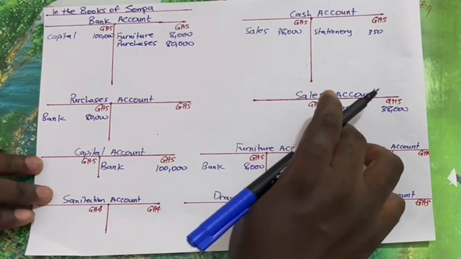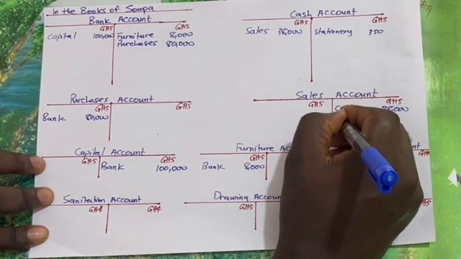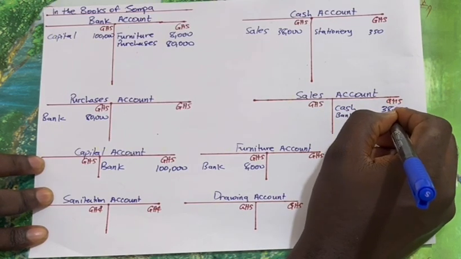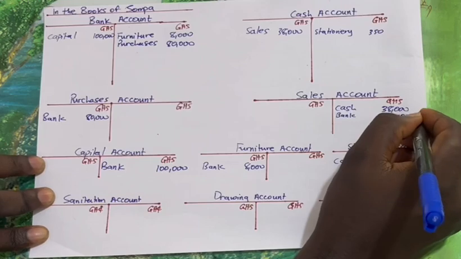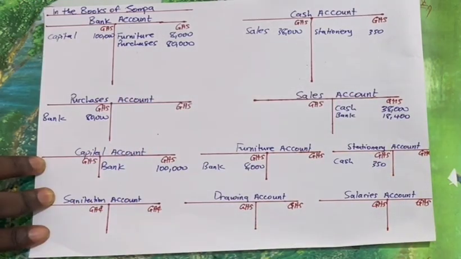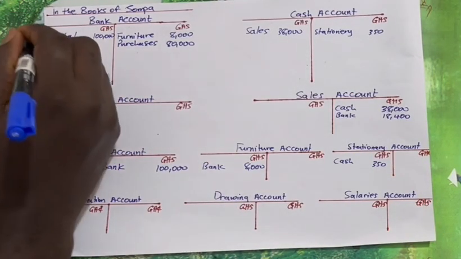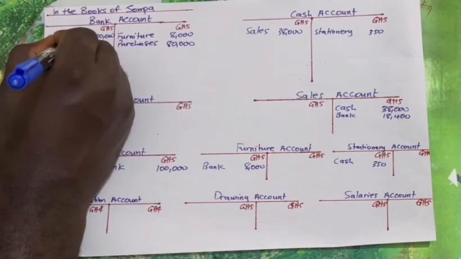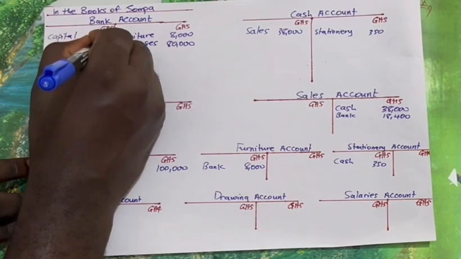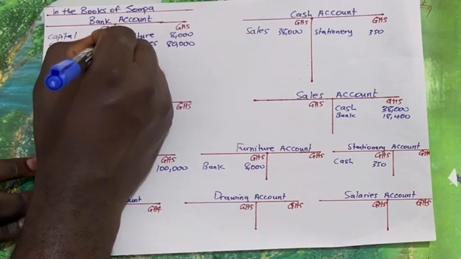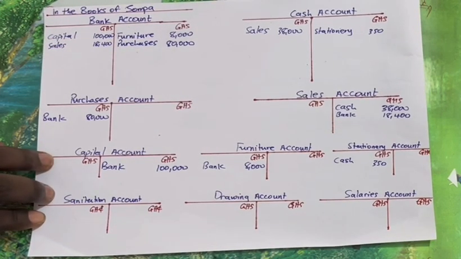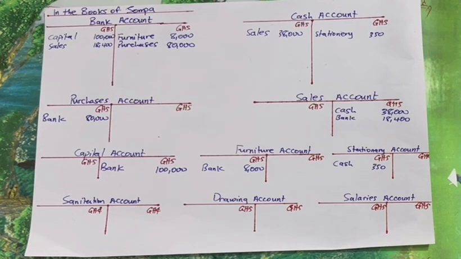We have our sales here, the name of bank, 18,400 here, and then we will come here since our bank is increasing. Here too we have sales, 18,400. Do we get it?